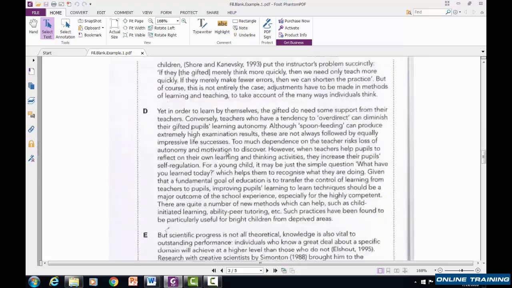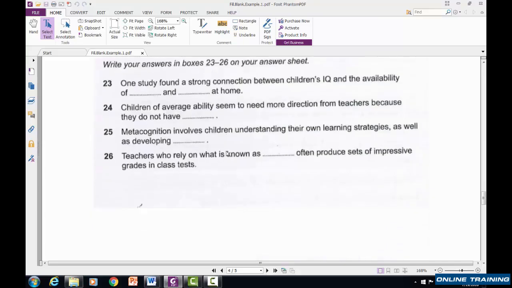So our answer for number 25 is: metacognition involves children understanding their own learning strategies as well as developing their emotional awareness. All right, now we know where number 23 is, and we know where number 25 is.